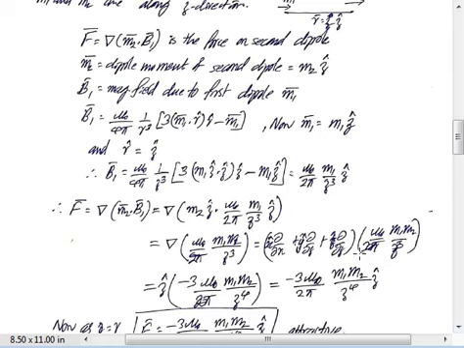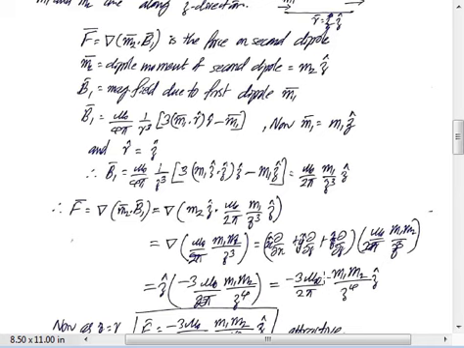So dou by dou x of this quantity is 0 because there is no x dependence, and there is no y dependence, only z dependence. So we get z cap into dou by dou z of this, that is mu 0 by 2 pi into m1 m2 into dou by dou z of 1 by z cube, which is minus 3 by z raised to 4.